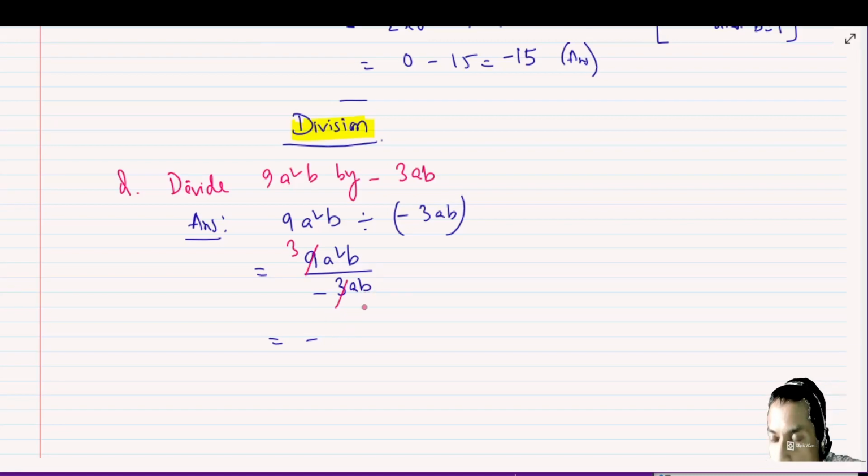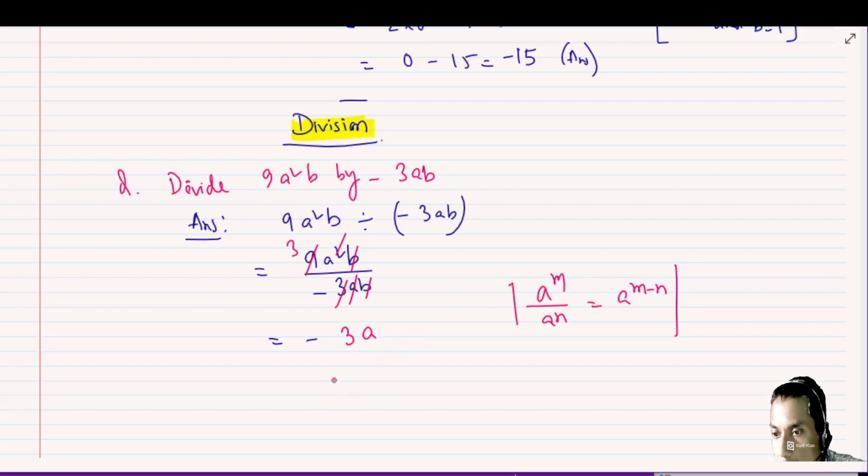This part you can do in two ways. Either you subtract the power in the denominator from the power in the numerator, because we know the rule a to the power m divided by a to the power n is equal to a to the power m minus n. Or you can just cancel out. For example, if it is a, cancel it, and if b, cancel it. This method you can do, but sometimes it does not look good and you can make a mistake. So the answer will be minus 3a.